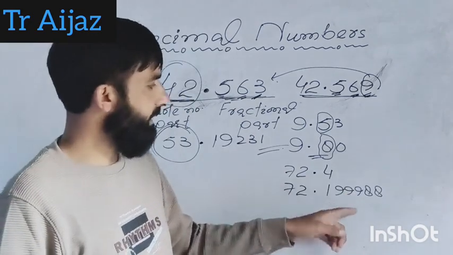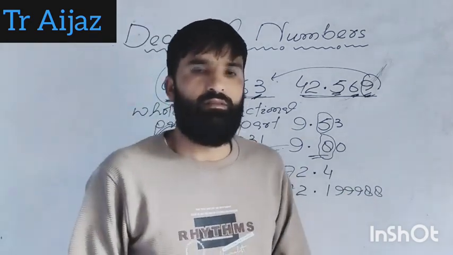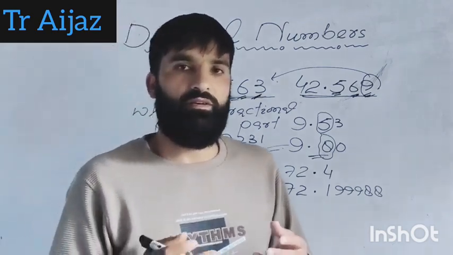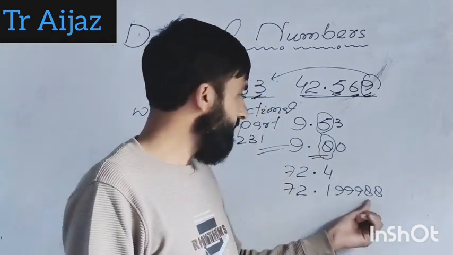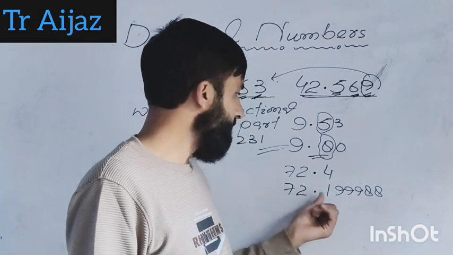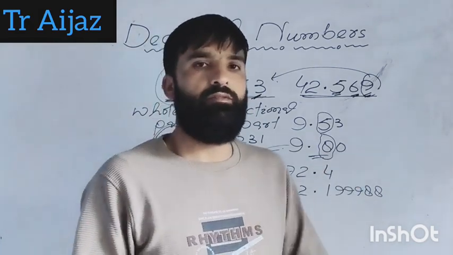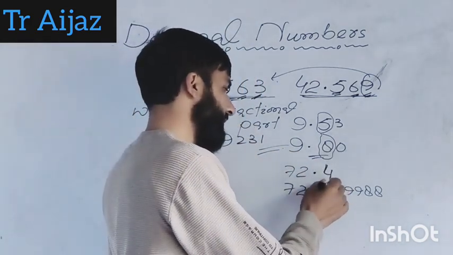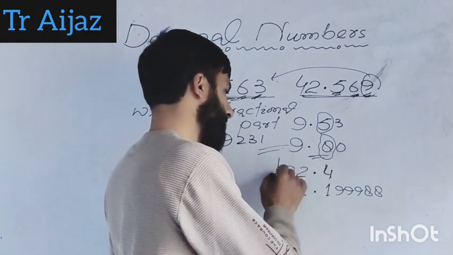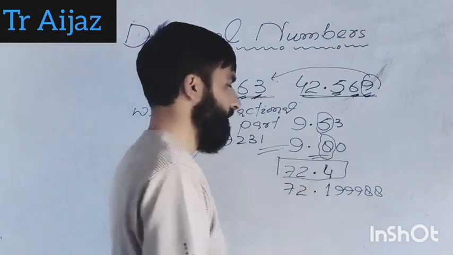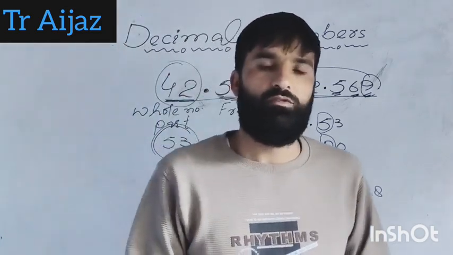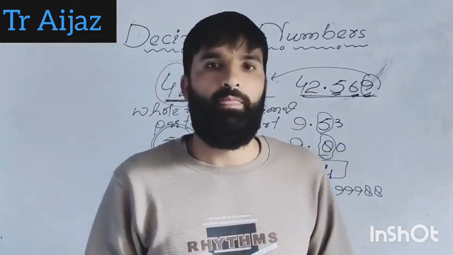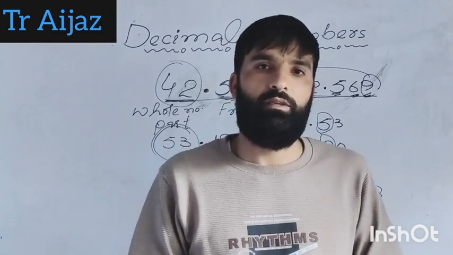So these 9s, being larger digits, cannot make 72.1998 greater than 72.4, because the first digit, that is 4, is greater than this one. So this 4 makes this number greater than the next number. So this is the comparison, how we can compare between decimal numbers.